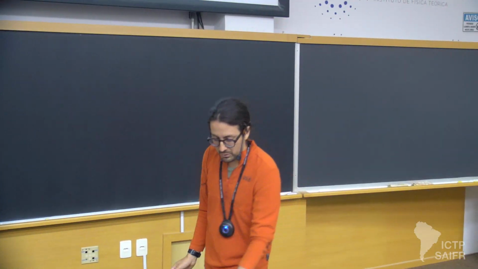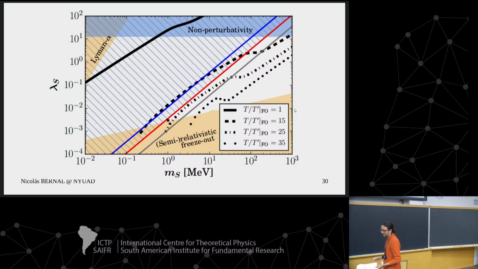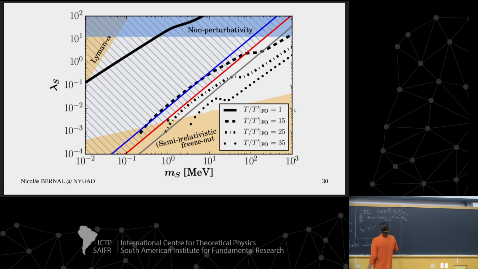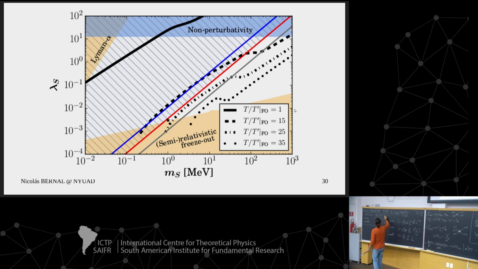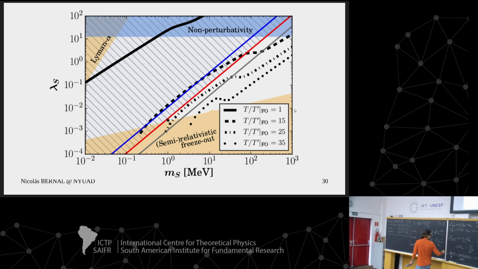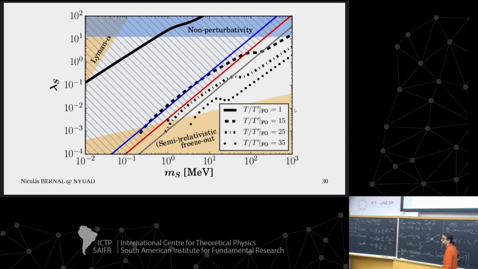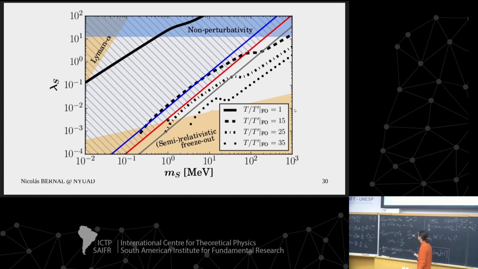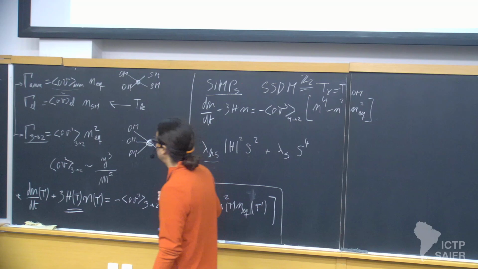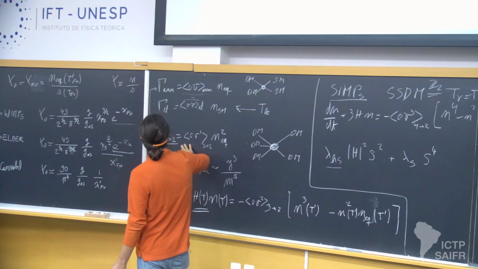So for SIMPs, first comment. I could assume that this is completely 0, completely secluded. However, remember that we have to guarantee kinetic equilibrium, so this coupling cannot be exactly 0. It could be very small, but it cannot be 0, because you want the SIMPs to have the same temperature. What we want is these processes to be dominant.